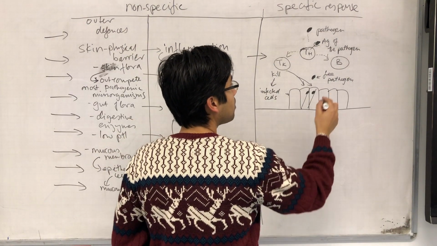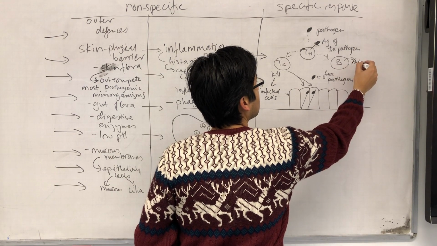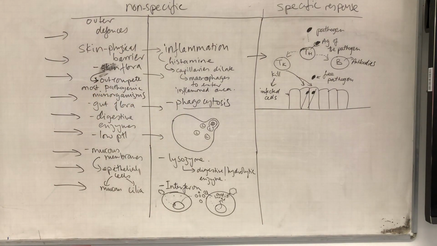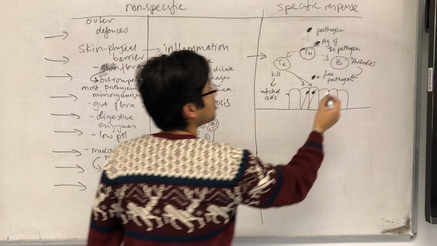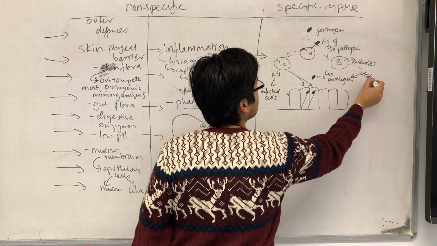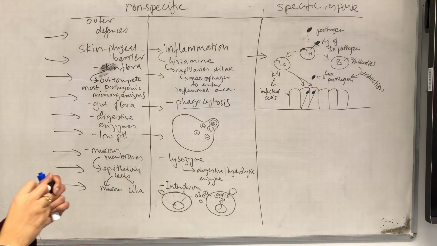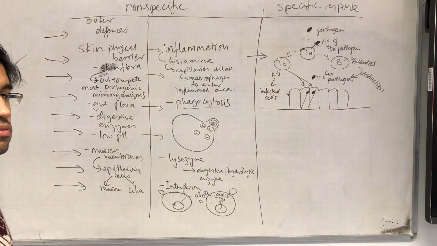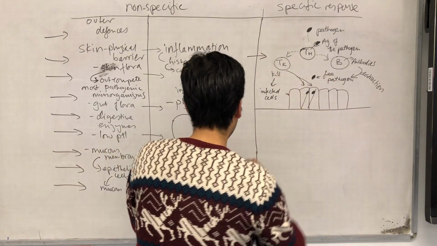Summarizing here, but in general, the B cells produce antibodies, and it is antibodies that are crucial in the destruction of free pathogen. Yeah? So this is the immune response.